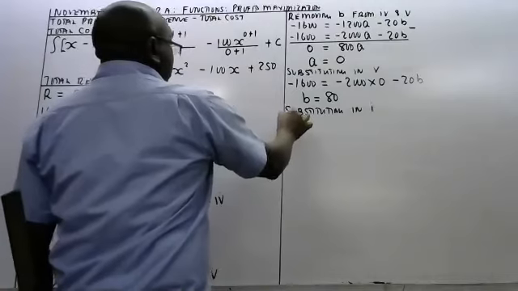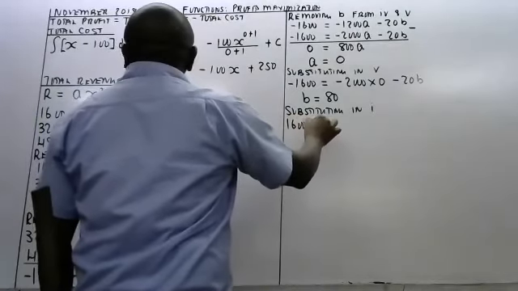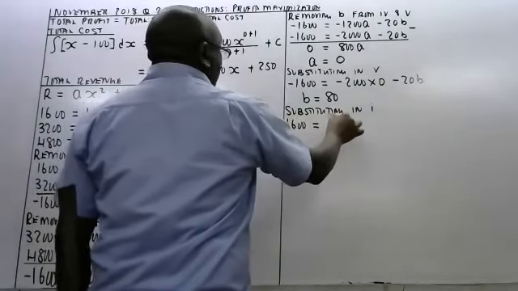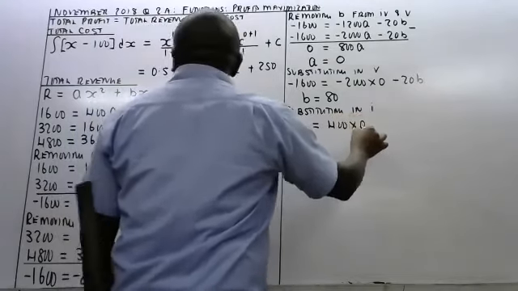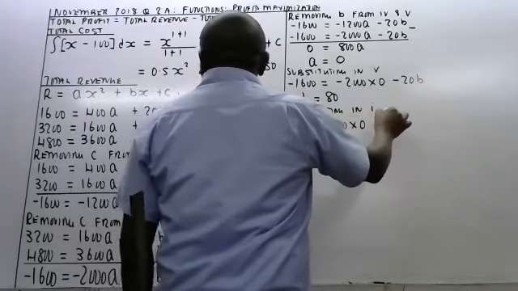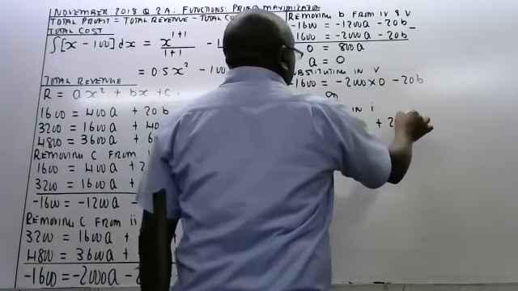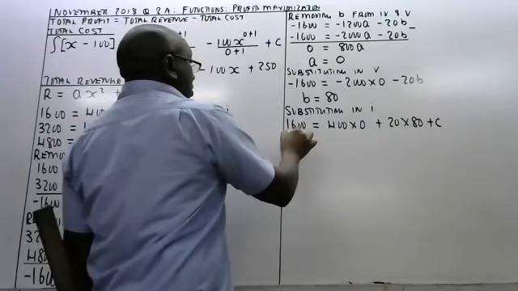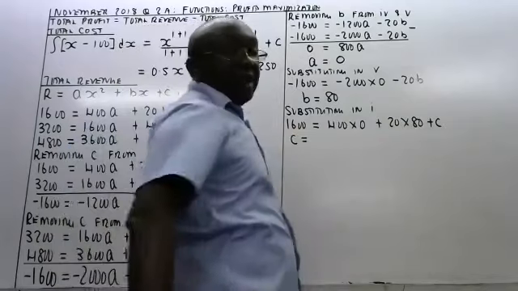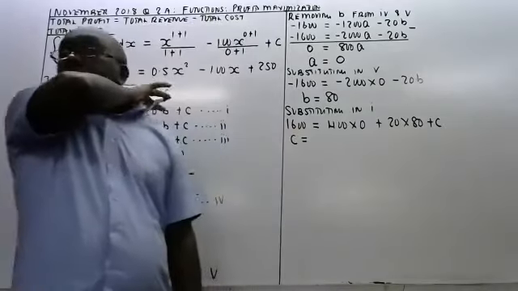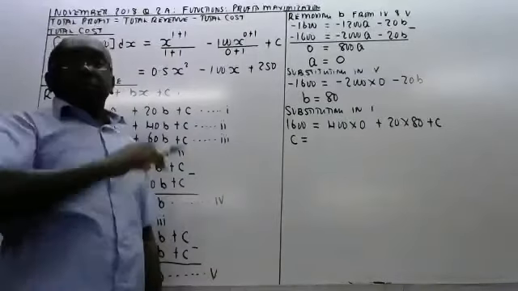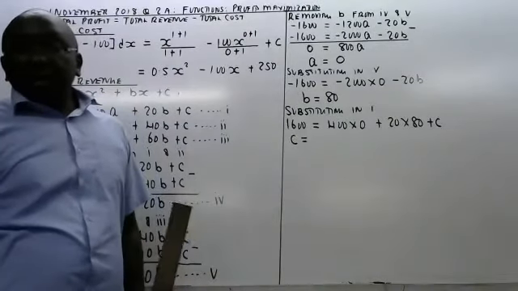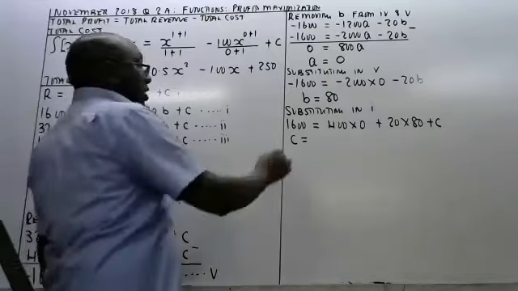We will say 1600 is equal to 400 times 0 plus 20 times 8 plus C. So solve and let me know the value of C. It is 0.